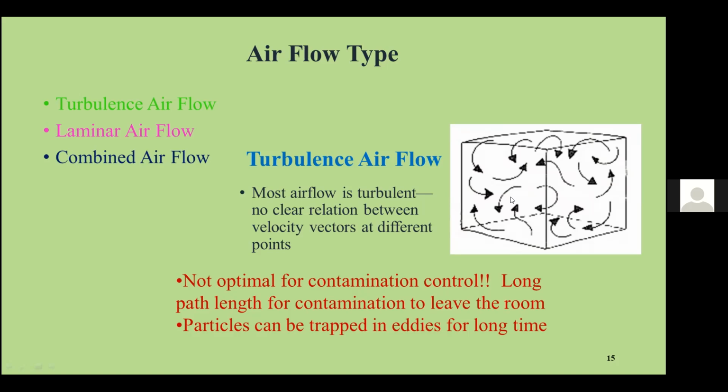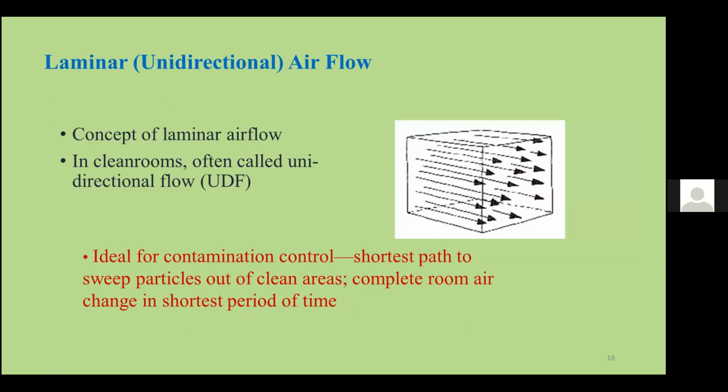But generally, class 100, class 10,000 or class 1,000 clean rooms have laminar types of airflow. So what is laminar airflow? Laminar airflow is directional, unidirectional airflow. Sometimes people use horizontal airflow, or sometimes vertical airflow.